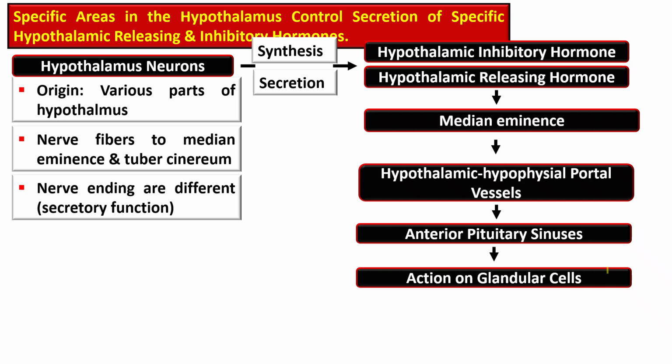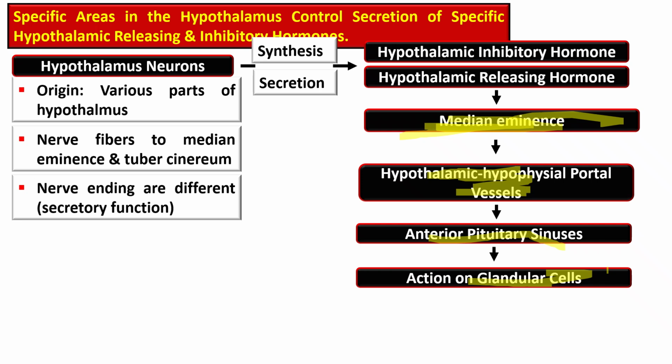The hypothalamic hormones are secreted at nerve endings in the median eminence, as we have seen earlier. So here, this median eminence is a structure at the base of the hypothalamus, and these hormones from there then enter the hypothalamic portal vessels or portal system to act on the anterior pituitary glandular cells.